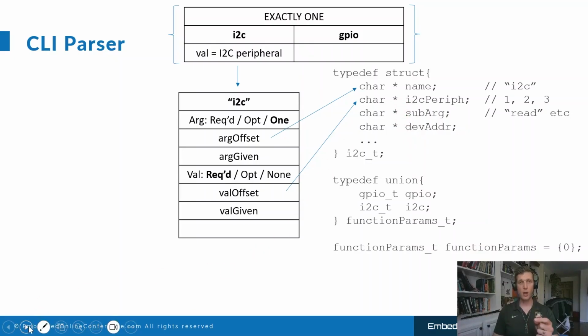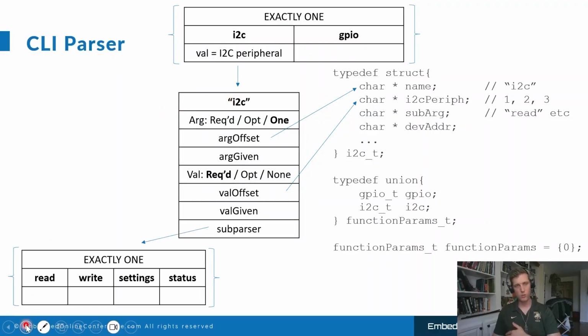Lastly, some of my arguments, like in this case I2C, should trigger subsequent parsers. So the last element in my argument array is a pointer to the next subparser, if you will. So I2C, if that's been given, should be expecting one of these arguments to come next, and so the parser will fall into this new node in the tree, trying to match arguments into that array.